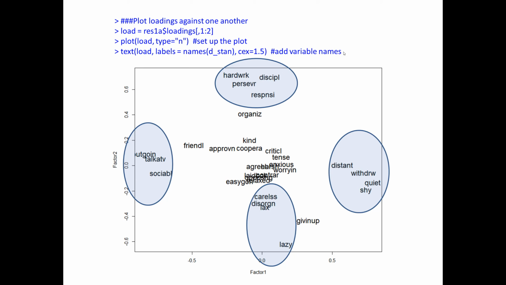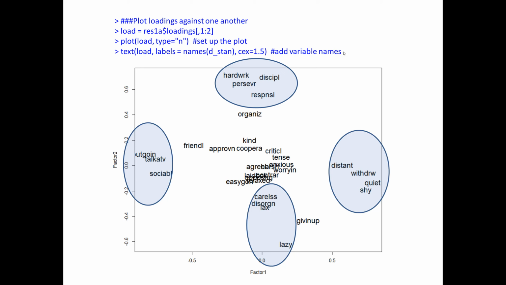So on this slide, I've got the corresponding plot of factor 1 and 2 after the rotation. Remember that distant, withdrawn, quiet, shy, as opposed to outgoing, talkative, and sociable were in opposite corners before. Now you can see that within factor 2, they're at opposite ends of the scale for factor 2.